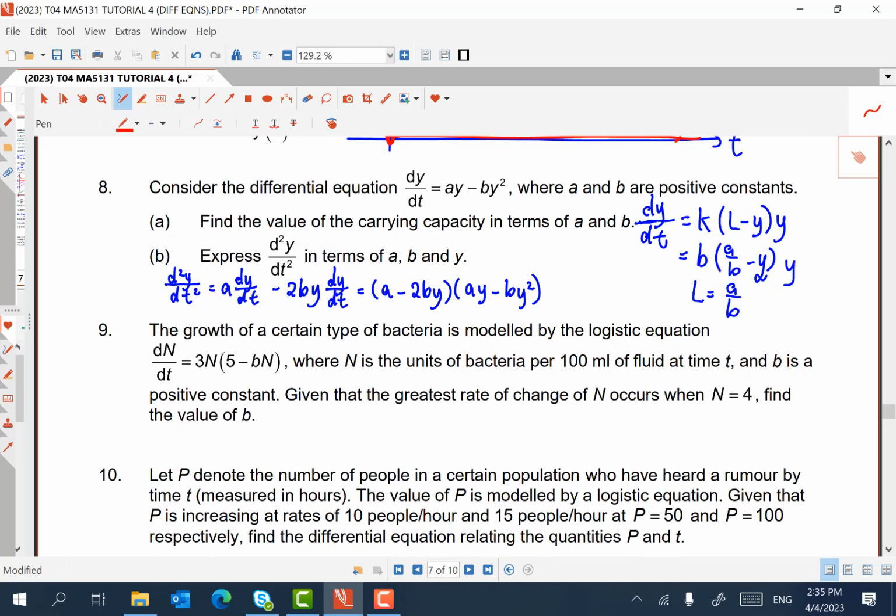Okay. So now we have another DE. Let's try to rewrite this DE the usual way. The n is like the y we have in the standard logistic model DE. What do we need to remove? We're going to take out b again. So it's b times (something minus 3n), then we have 5.